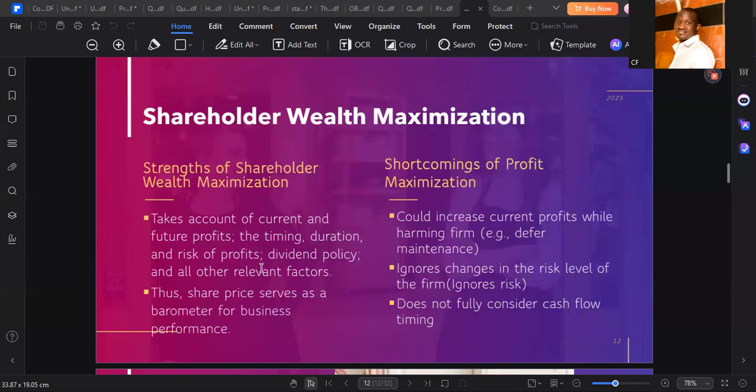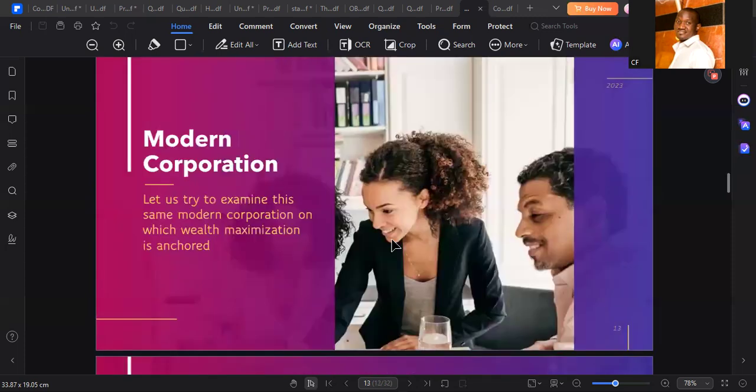Then we also have some of the shortcomings of the profit maximization objective. It may increase current profits whilst harming the firm, and it ignores the risk level that the firm may have in the future.